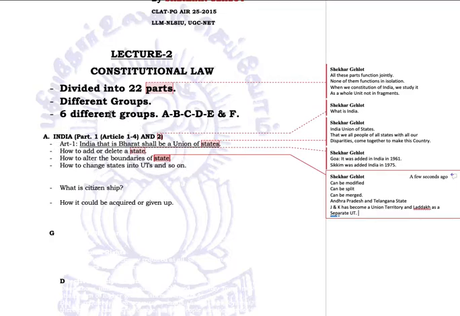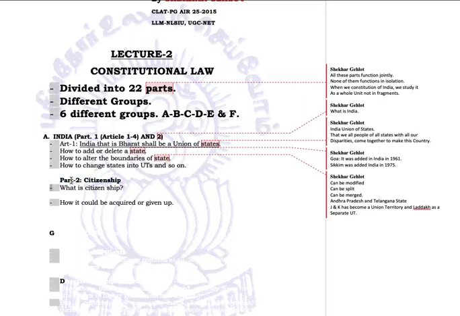This is the power provided by the Constitution of India to the Parliament of India in Part 1, that is Group A, that is India, which includes two parts, Part 1 and Part 2. And Part 2 of the Constitution discusses citizenship.